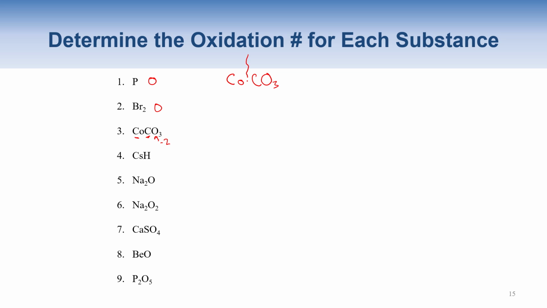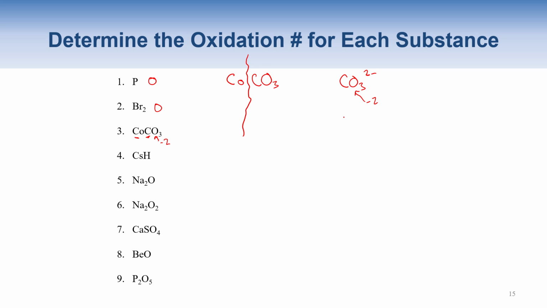If we separate this out, we can chunk out the CO3, and CO3, if we separate it, has a 2- charge. We know that the carbonate has a 2- charge. So we have to put the appropriate charge on it when we do separate it out here. So now we have -2 for the oxygen, and we don't know what the carbon is, and that's what we're trying to calculate.